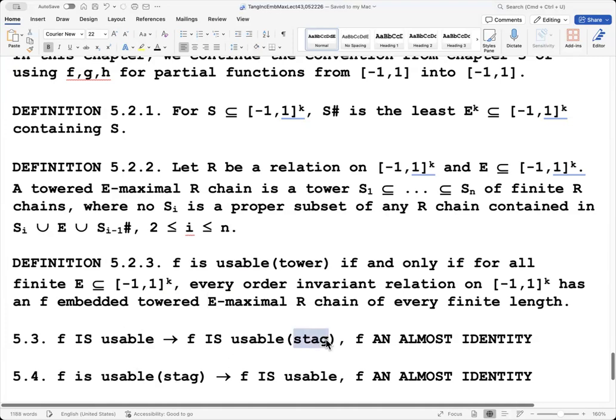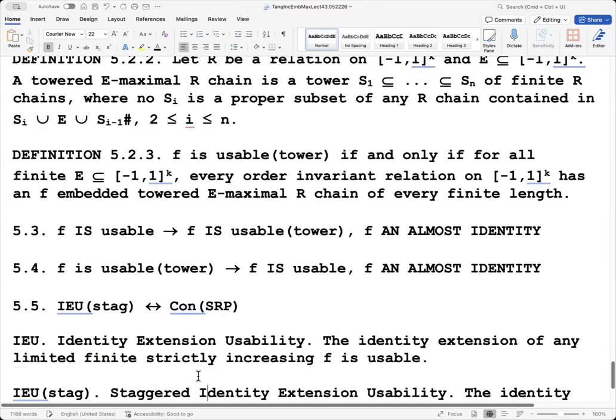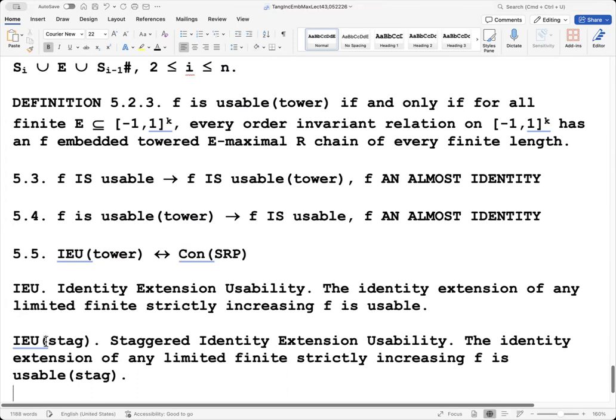Tower, tower, tower. There we are. This does not require any additional infinite talk.